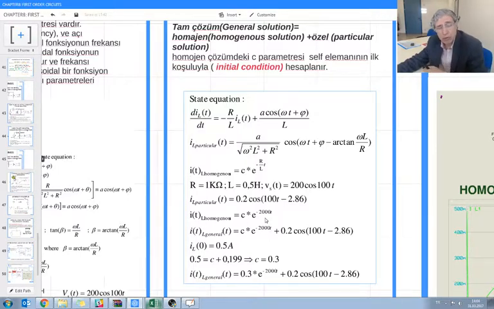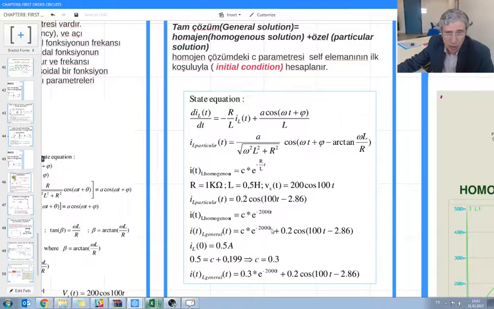As I said before, calculation of that C is going to be done at the end of our calculation, by using the initial condition. If we use the initial condition here, t equal to 0, then the general solution current is going to be 0.5 here.